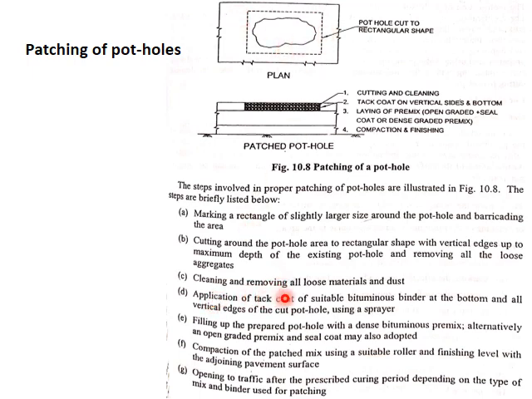Then they applied the tack coat, that is the bonding coat, and filled up the pothole with dense bituminous premix. The mix is compacted using a suitable roller and leveled, and it is opened to traffic after the prescribed curing period. This is the simple procedure for patching of potholes.